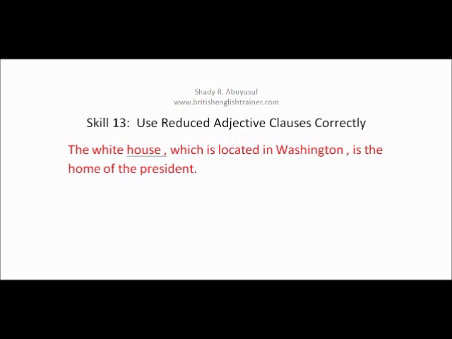Fantastic. Let's fix that a little bit, and that one too. Okay, great. So the White House, which is located in Washington, is the home of the president.